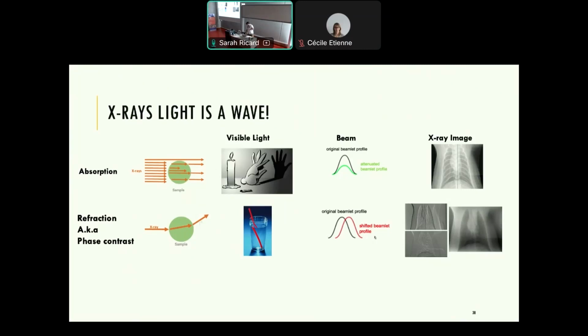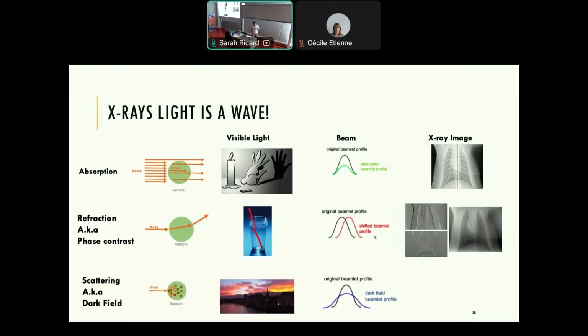And finally, what I did not introduce yet is what we call the scattering. The fact that in an inhomogeneous sample the light can be scattered.